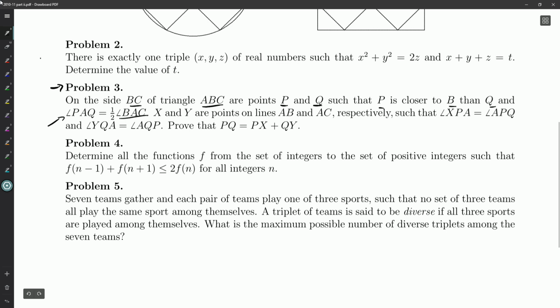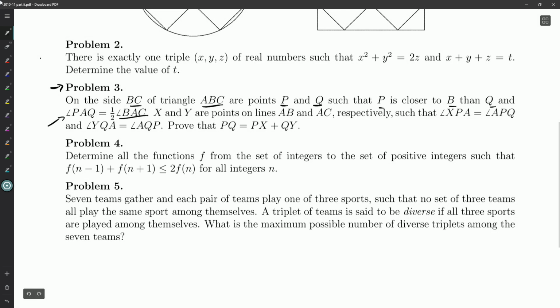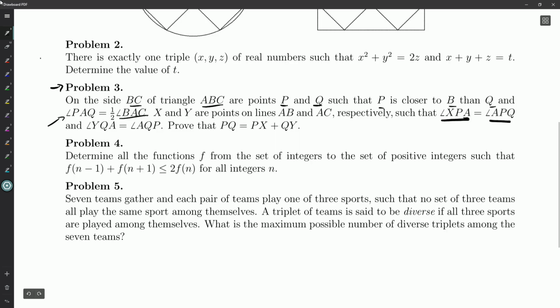X and Y are on AB and AC. X over here and Y over here. So that XPA, this angle in here, is equal to APQ.